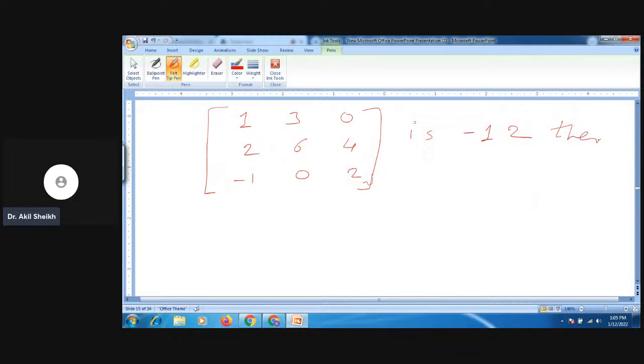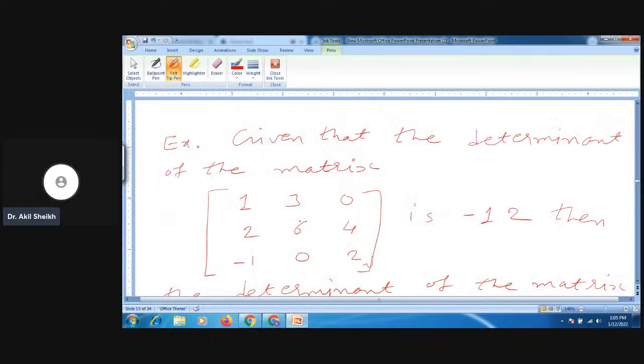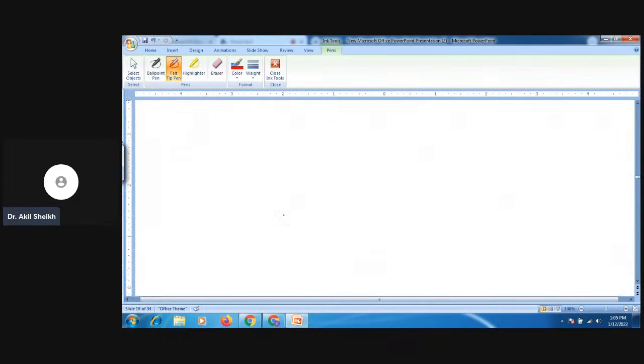the determinant of the matrix given, 2, 6, 0, 4, 12, 8, minus 2, 0, 4, is what?